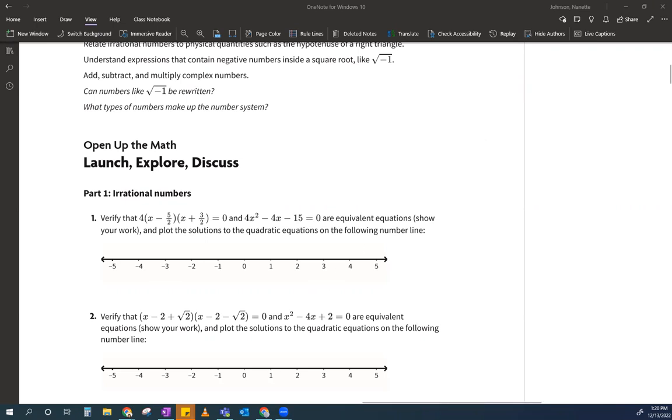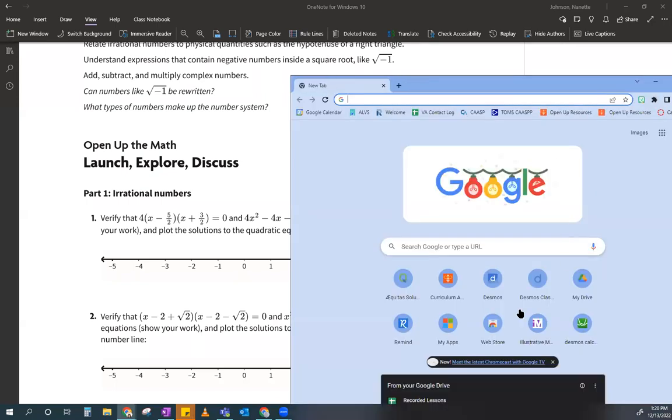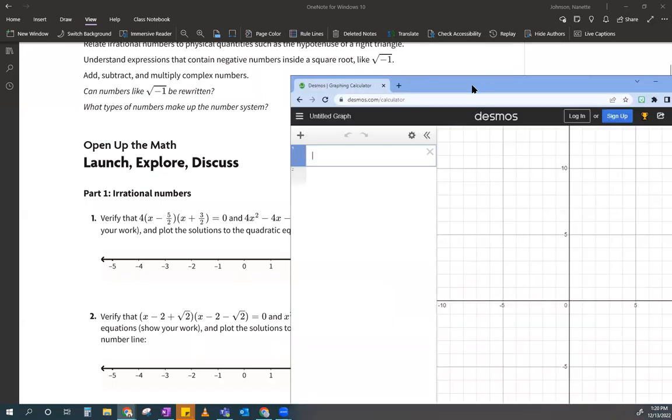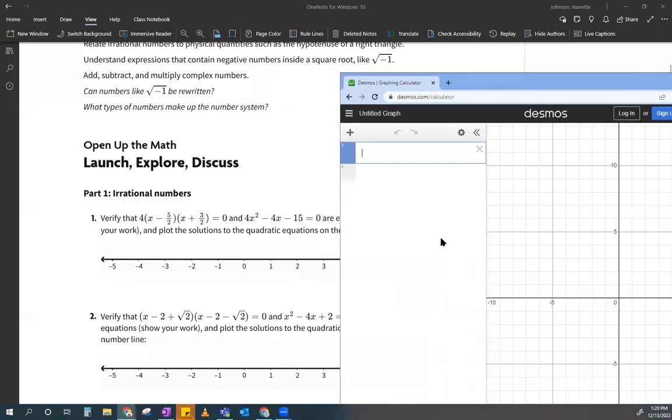Yeah, Desmos, right? So here I go in Desmos. When I go to Desmos, what should I be doing? What should I plug in here? Yeah, I should plug in this equation and this equation.